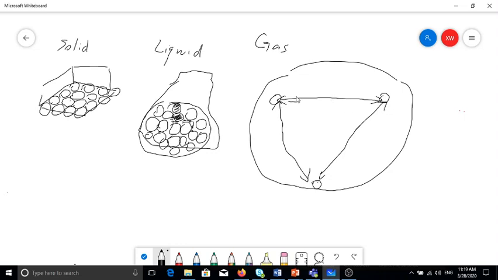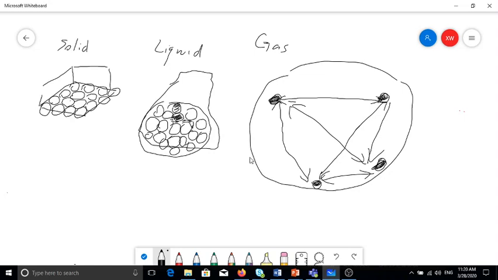You can squeeze these two molecules closer if you have a smaller container, or these two molecules will travel as far as they can until they hit the wall of the container. So it's constantly in motion. The point I'm trying to emphasize here is that the actual volume of the gaseous molecule seems to contribute very little or nothing at all to the actual volume of this gaseous compound.